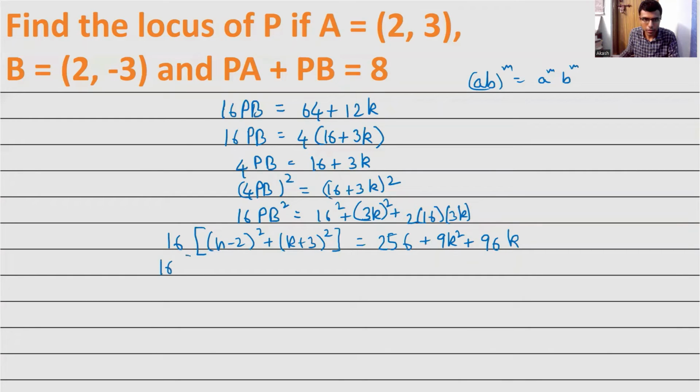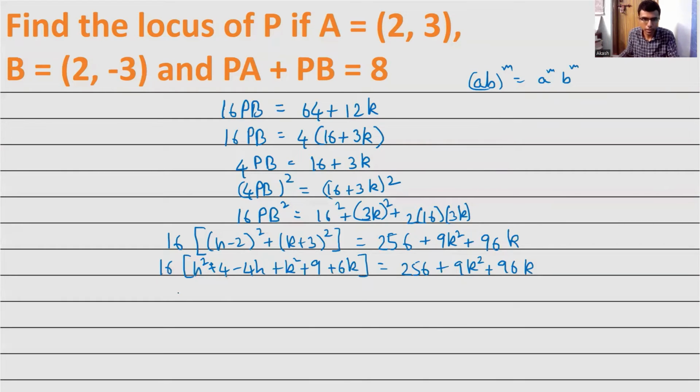Now LHS I need to expand. I get h square plus 4 minus 4h plus k square plus 9 plus 6k is equal to 256 plus 9k square plus 96k.